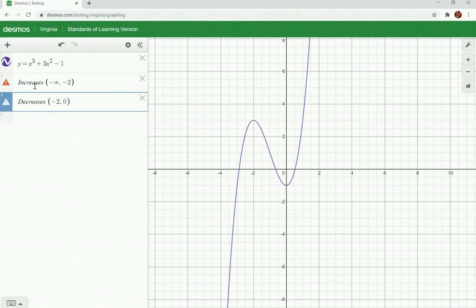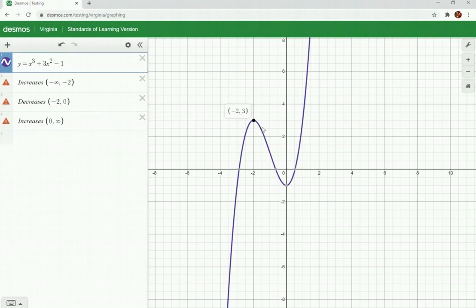Then after it got to 0, it started to increase again. So it increases one more time from 0, these are x values again, don't forget, and it doesn't stop increasing after that. It runs off the graph, so it increases without bound all the way to infinity. All right, so in this graph, it's increasing until it gets here, then it starts to decrease until it gets here, and then it increases again and it runs off the chart.